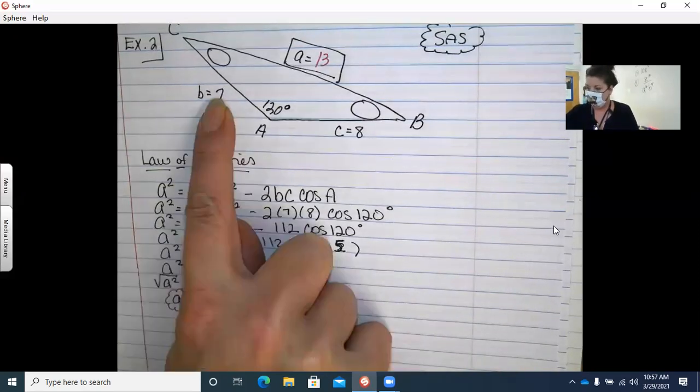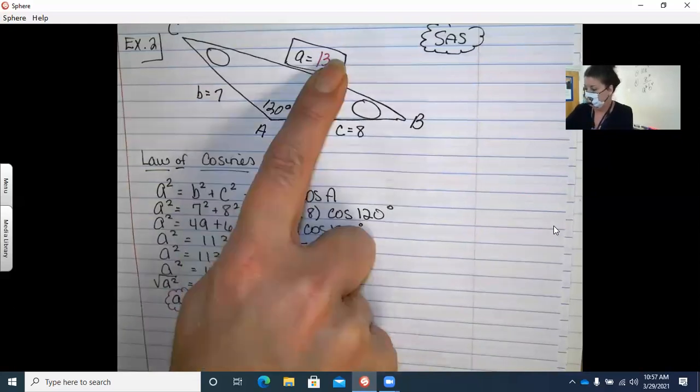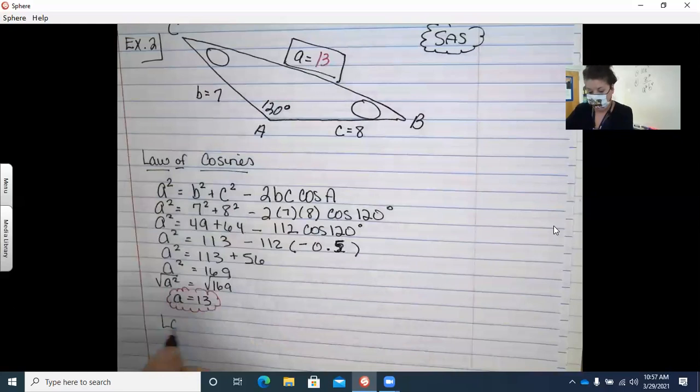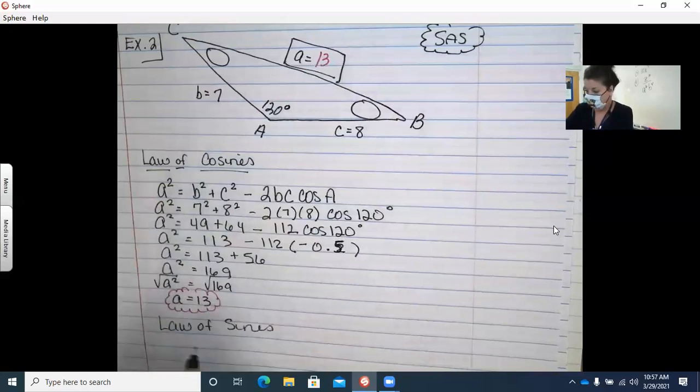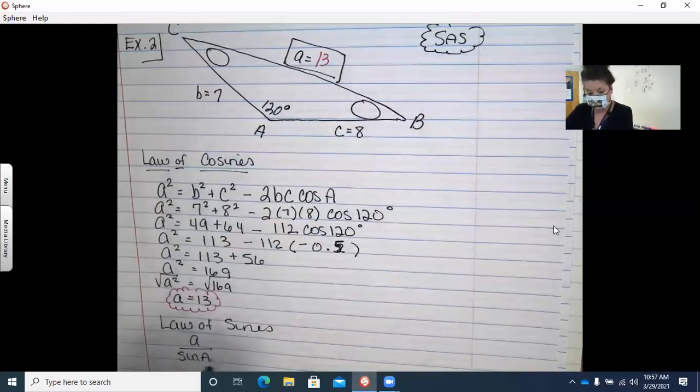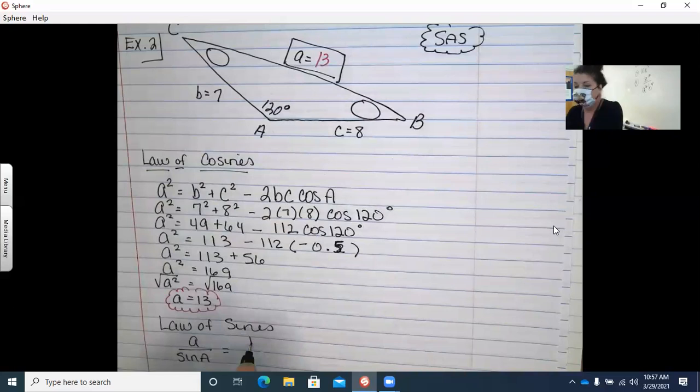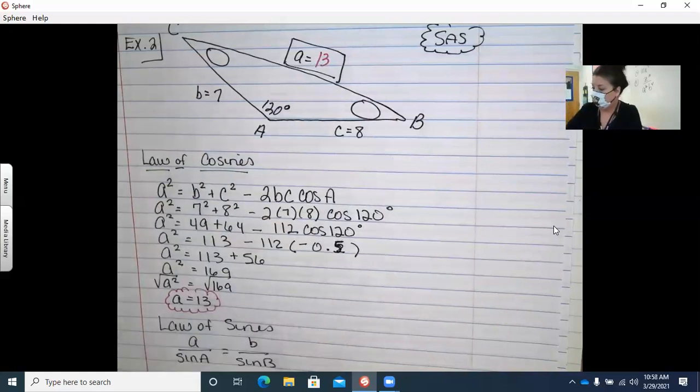And I know angle A and side A. So I'm going to use A over sine of A equals B over sine of B. Y'all good with that?